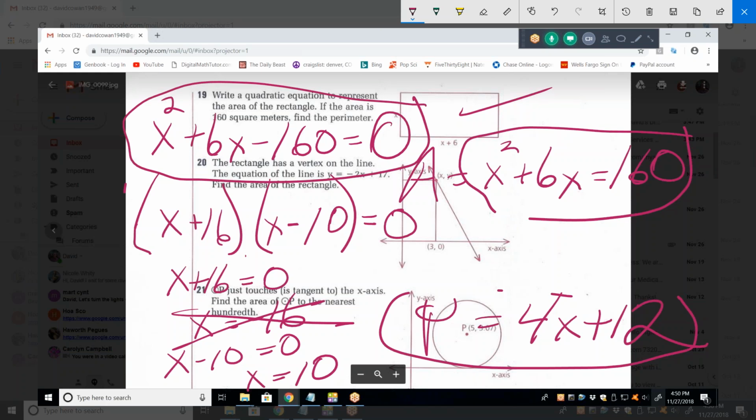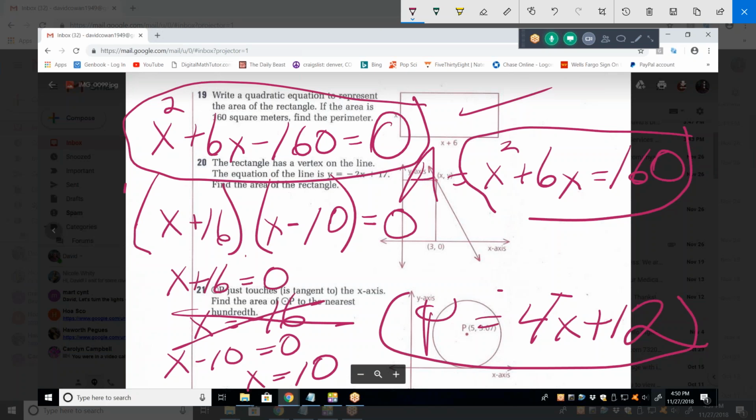But because it's a geometry problem and we're dealing with a dimension, you throw out the negative solution. Similar if you were dealing with projectile motion and you were looking at time. And you came up with a negative time and a positive time, you throw out the negative times. Can't have negative dimensions, you can't have negative times.